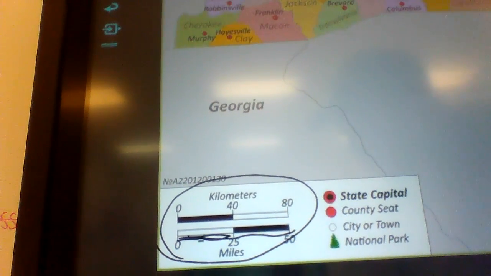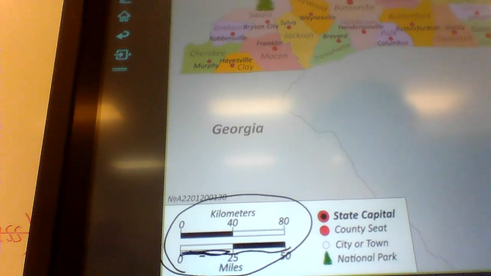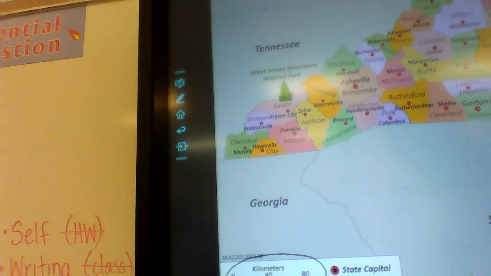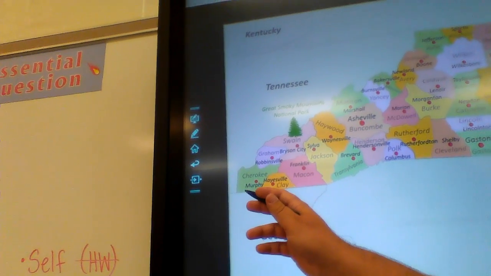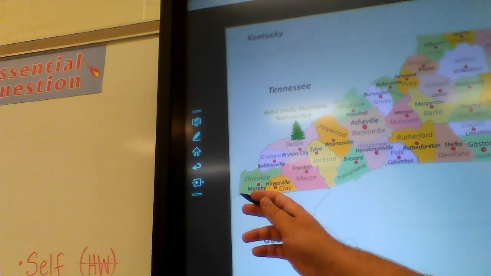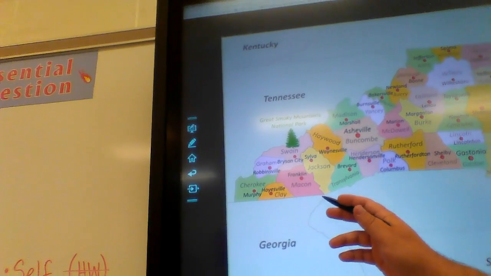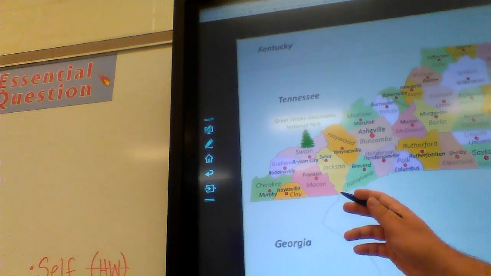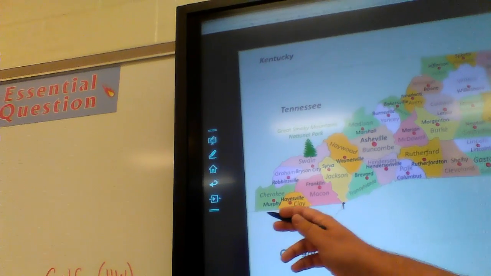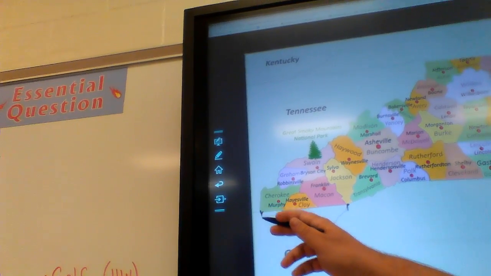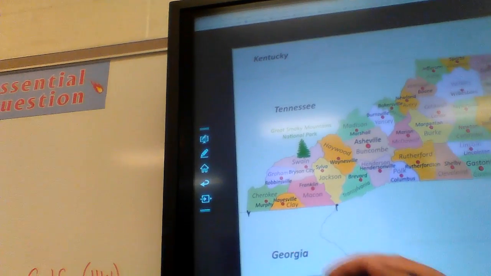Okay, so if I use that to determine distance on a map, I can look, and I'll kind of back my camera up here, and I could say from the very western tip of North Carolina here in Cherokee County to the eastern edge of Macon County, which is right here, would be just a little bit over 50 miles, that distance between those 2 points.